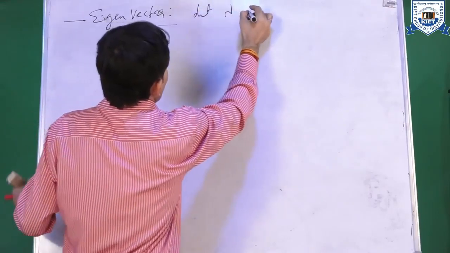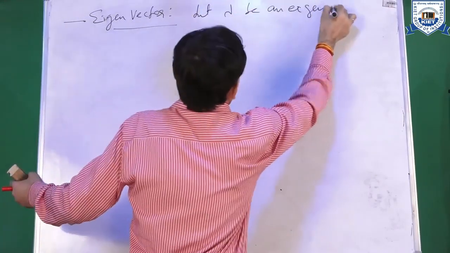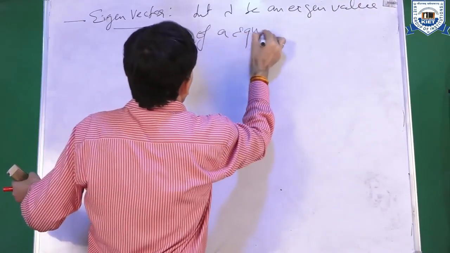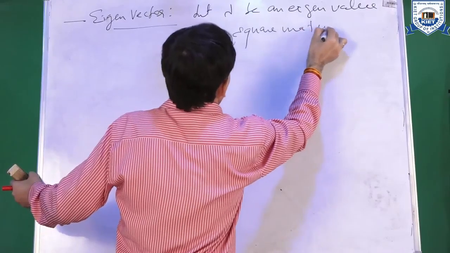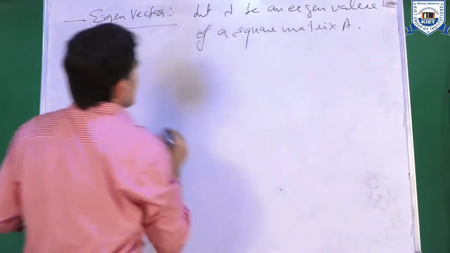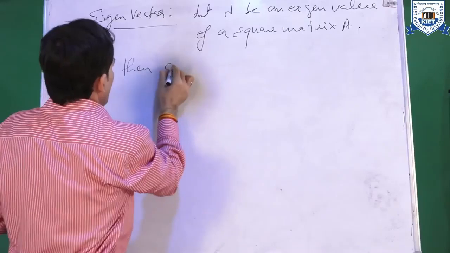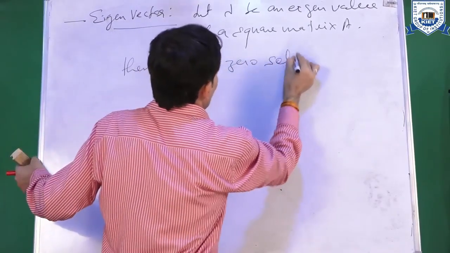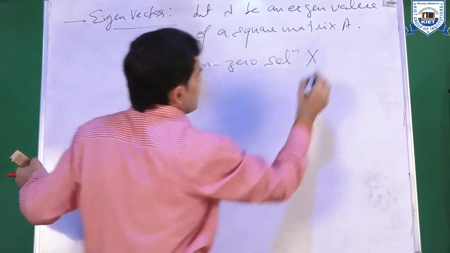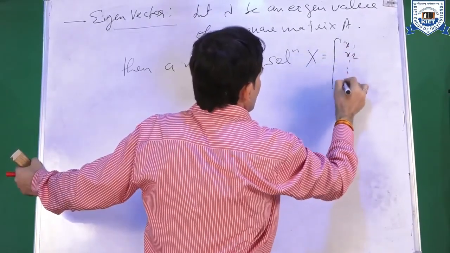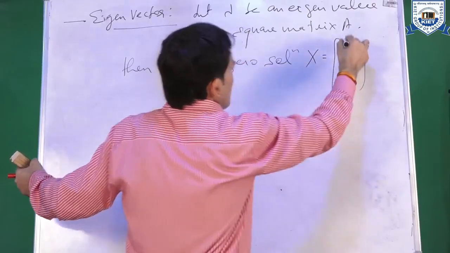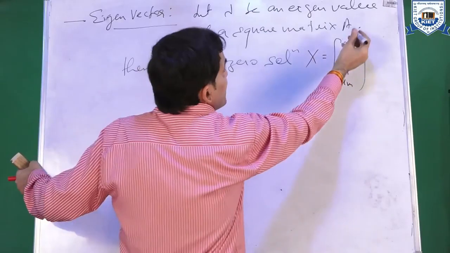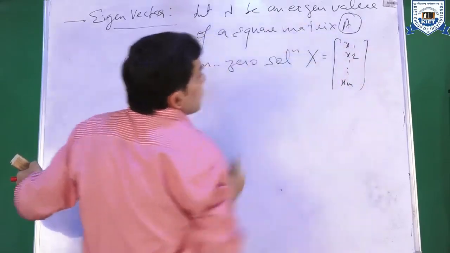Let lambda be an eigenvalue of a square matrix capital A. Then a non-zero solution capital X, x1, x2, up to xm. The number of elements in this vector is m, because the size of matrix A is m cross m.